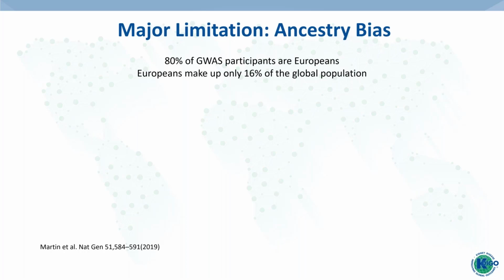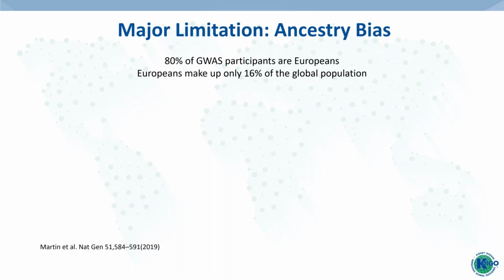However, Europeans, of course, make up only roughly 16% of the global population. So there's a big disparity in terms of what data is present in the literature in support of genetic determination of human traits versus the composition of the global population.